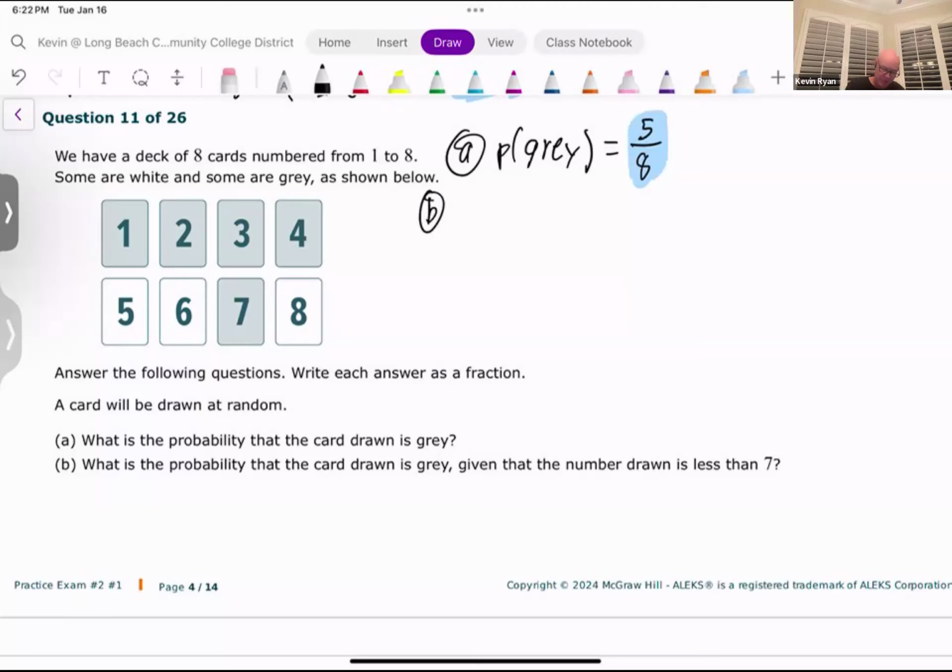Part B says, what is the probability that the card is gray given that the number drawn is less than 7? That is going to be the probability, or I'm going to make it the number of gray and less than 7, all over the number of numbers that are less than 7.